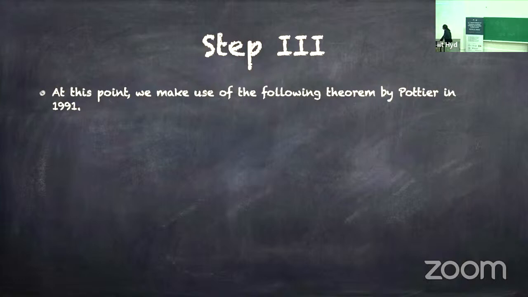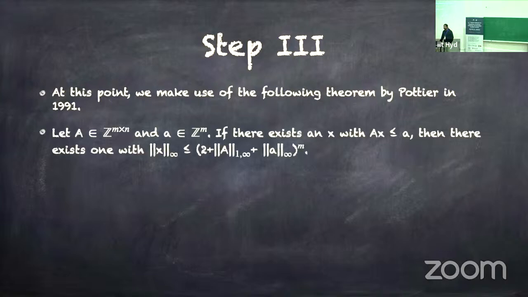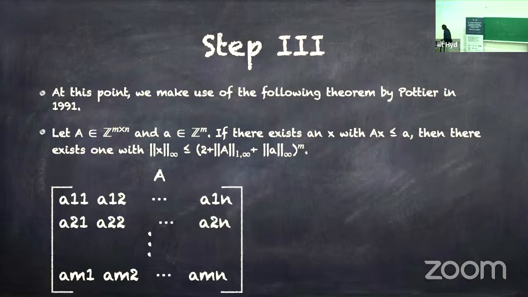Now at this juncture, we apply Potier's bound on the solutions of linear Diophantine equations, which says that if you have an equation AX less than or equal to small a, where capital A is the matrix and small a is the vector, then if there exists a solution, there exists a solution with the infinity norm of X less than or equal to this constant raised to m, where this constant is nothing but 2 plus the norm of A, the 1-infinity norm, and the norm of a, the infinity norm.